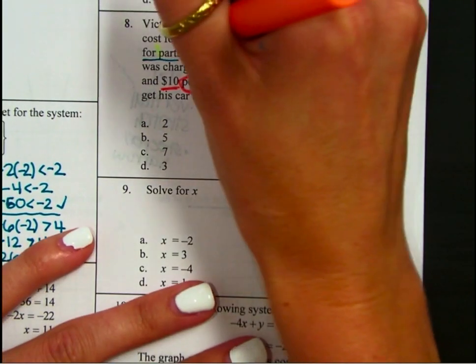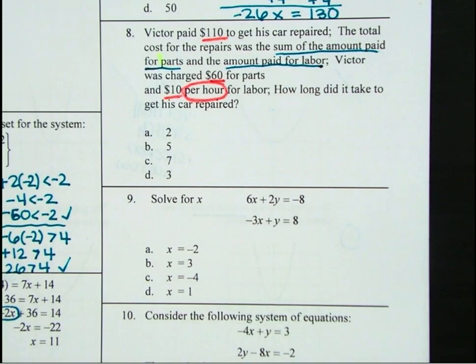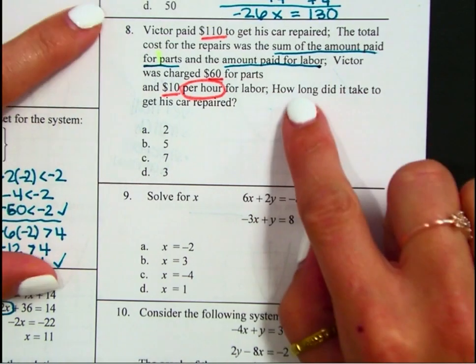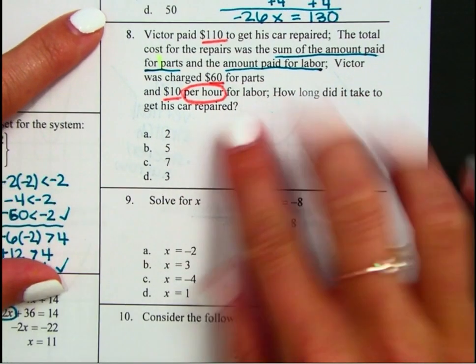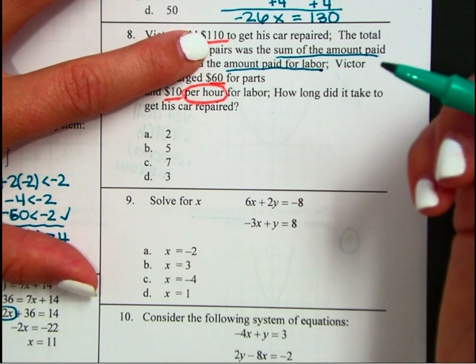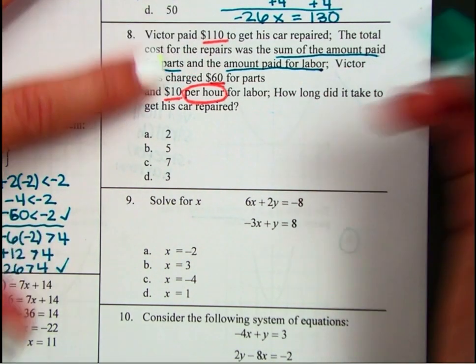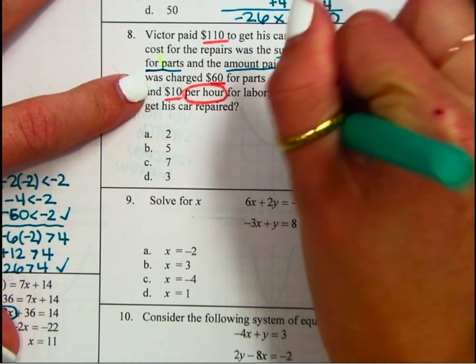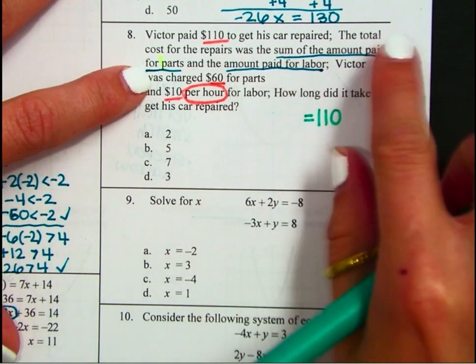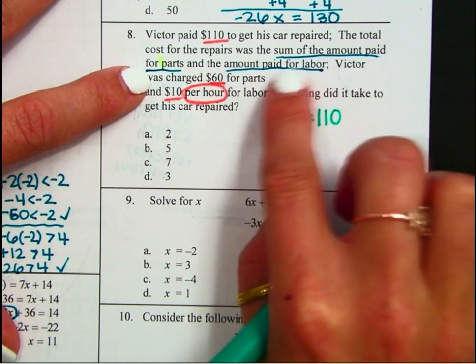All right, so when we're looking at this, we want to look at creating an equation. They want to know how long it took, so we're going to have to solve our equation. If you're paying $110 total, we know it's going to equal 110. Okay, remember what he's going to pay is going to be the amount for parts and amount for labor.